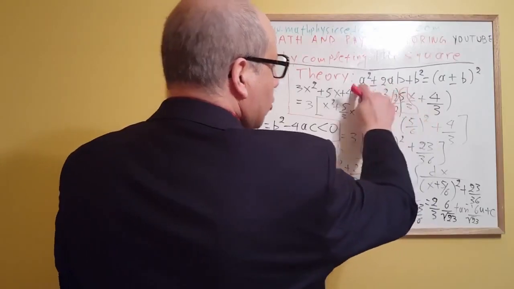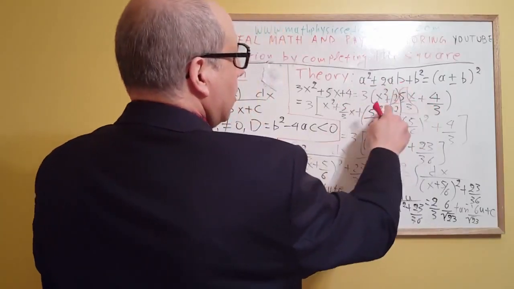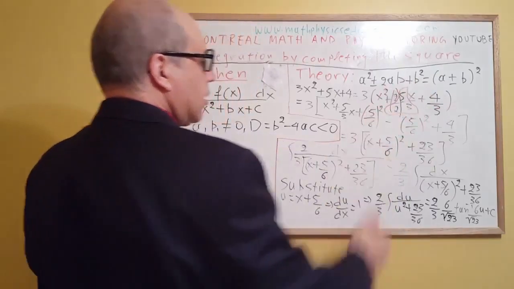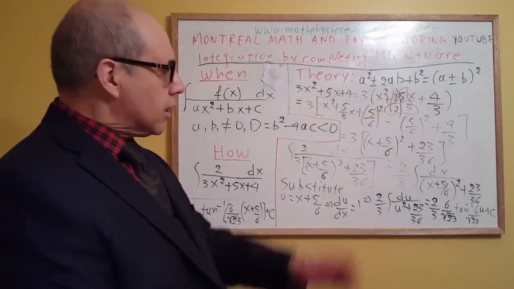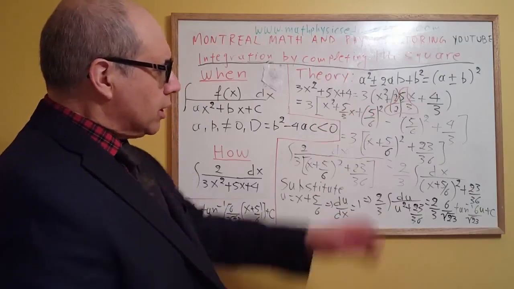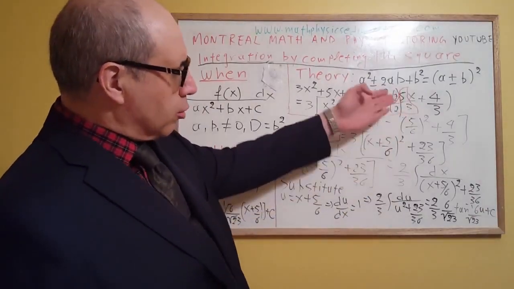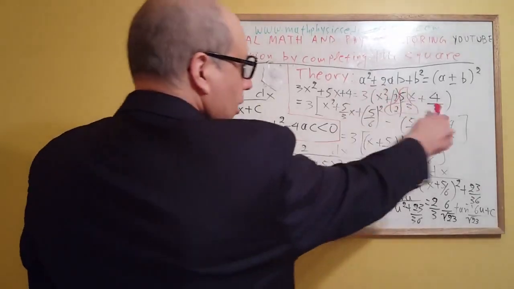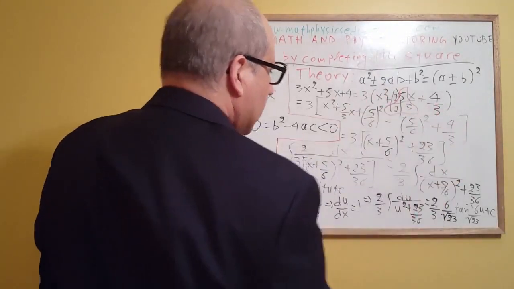Now, in order to complete the square, what you are missing is the b squared. The b we said is 5 over 6. So you just have to add 5 over 6 squared, and of course you have to subtract it in order to be the same as before. And of course you add the 4 over 3.